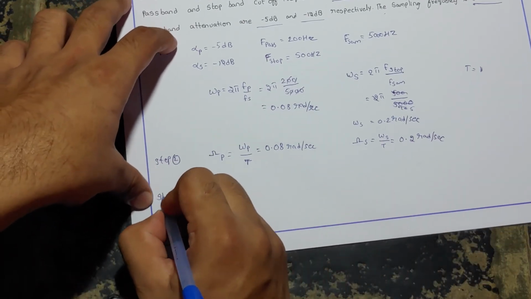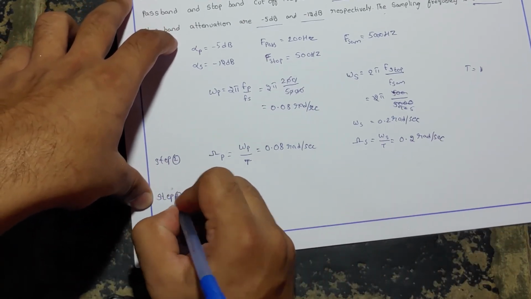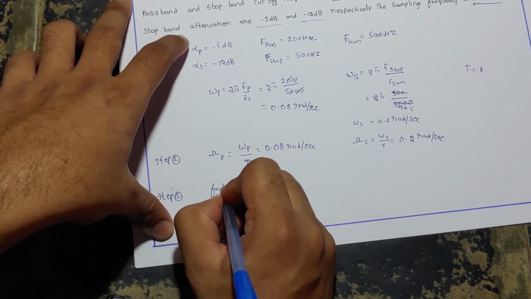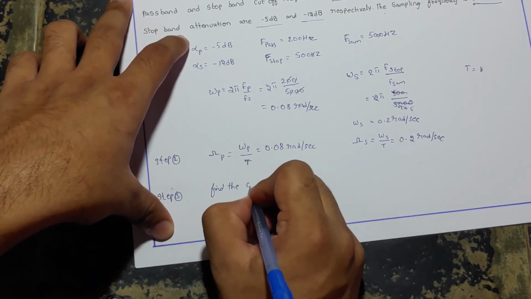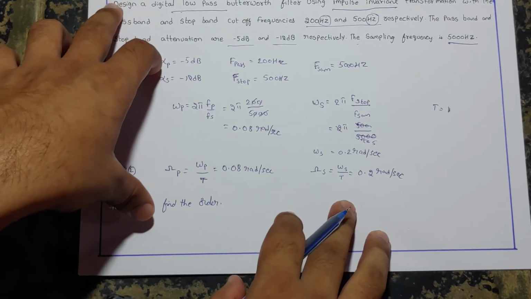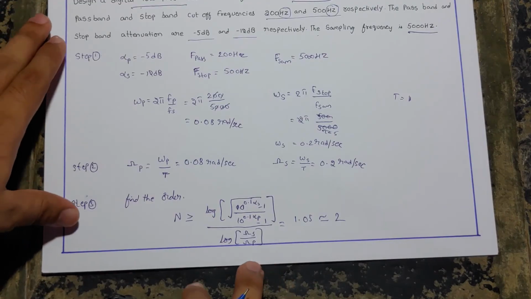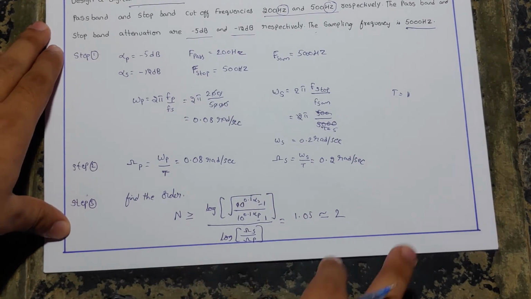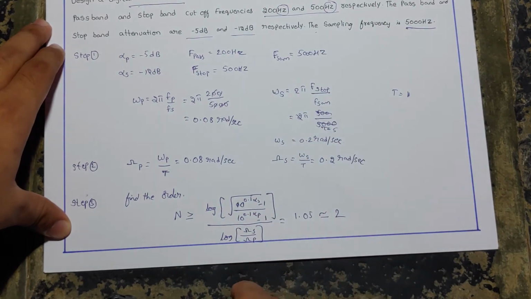And in the next step, step 3, we have to find the order. For finding the order, there is no change, which is the same in both the cases of impulse invariant and bilinear transformation.